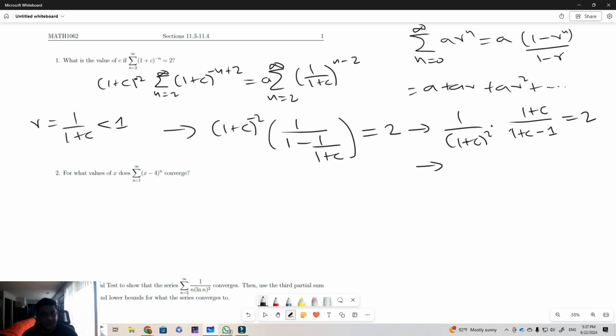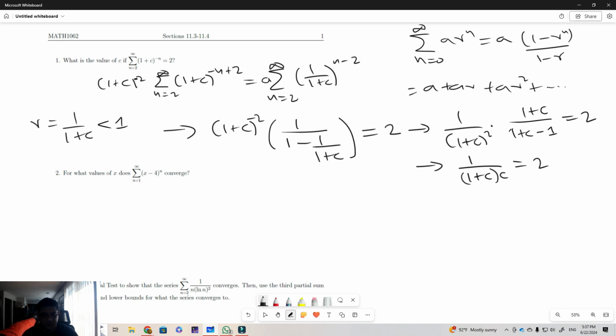Simplifying again, this 1 goes with this minus 1, and so this is just 1 over 1 plus c, times c, is equal to 2. From here, we can find out what the value of c is.